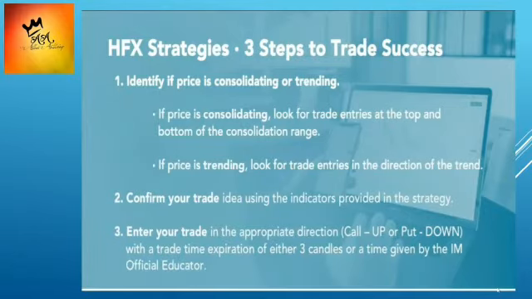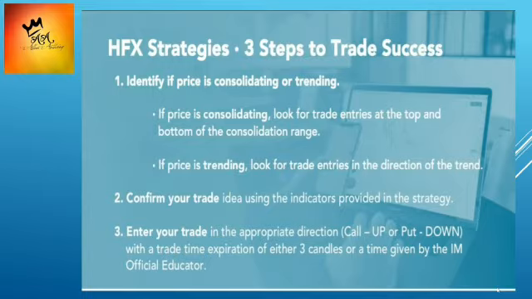As we begin, it's important to remember the 3 steps to trade success. Step 1 is to identify if the price is consolidating or trending. If the price is consolidating, we want to look for trade entries at the top and bottom of the consolidation range. If the price is trending, we want to look for trade entries in the direction of the trend.